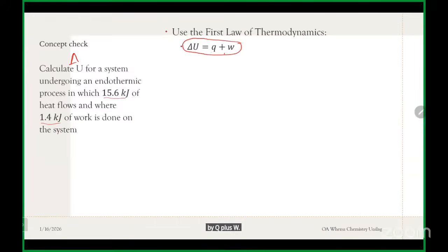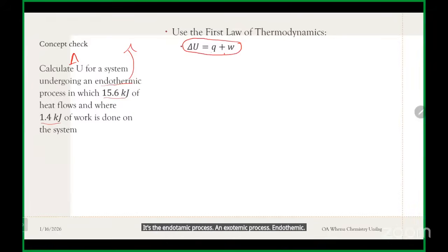What is Q? It says an endothermic process. Endothermic means you're supplying heat. There is nothing like an endothermic system. It's an endothermic process or an exothermic process.